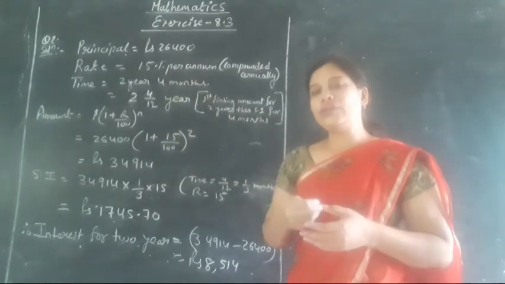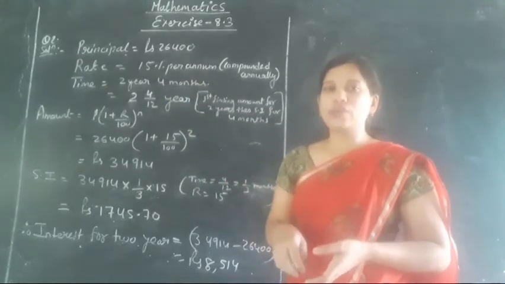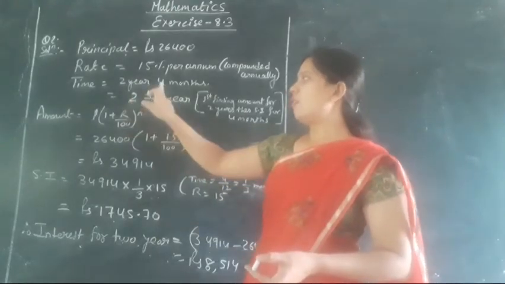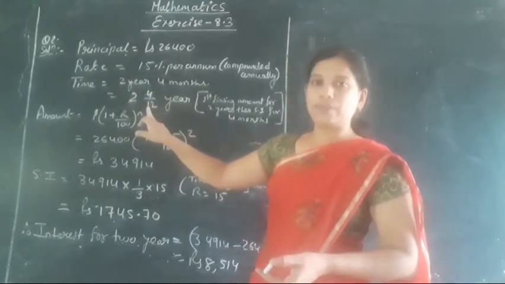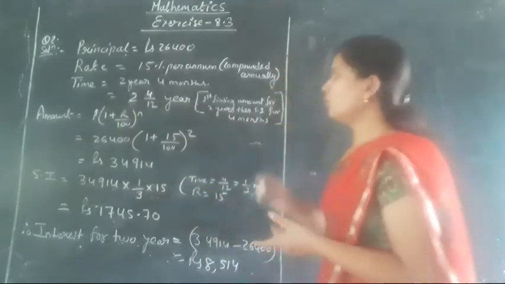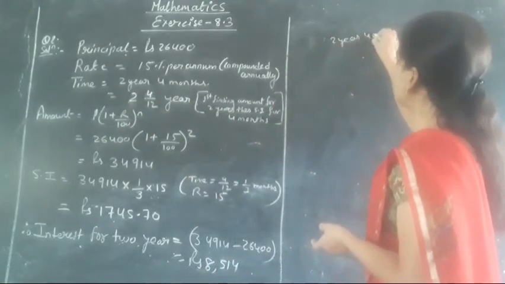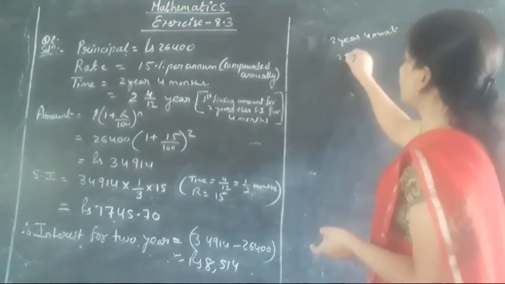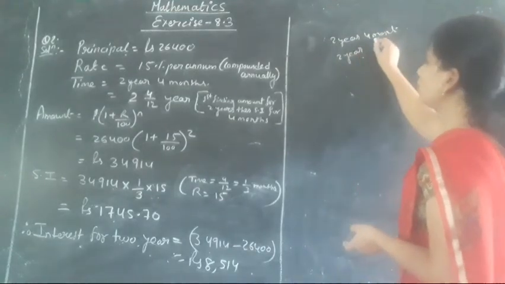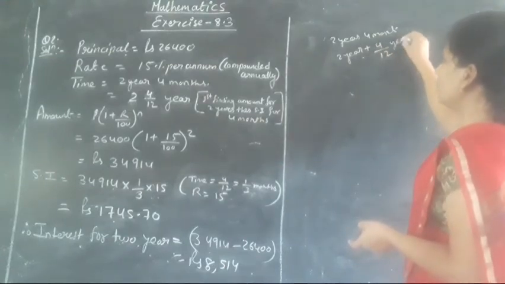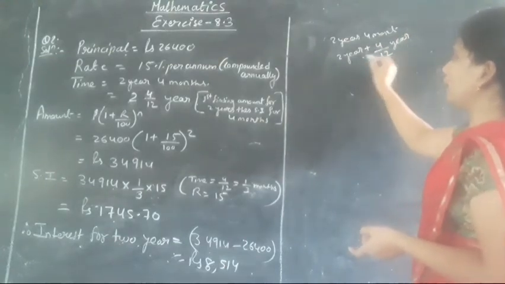So in order to convert the month into year, what are we going to do? Divide by 12. So it can be written as 2 years plus 4 months divided by 12.